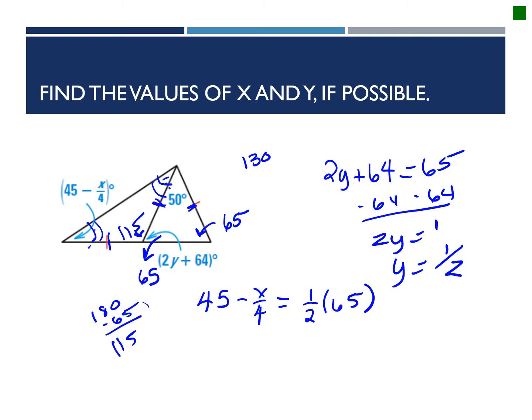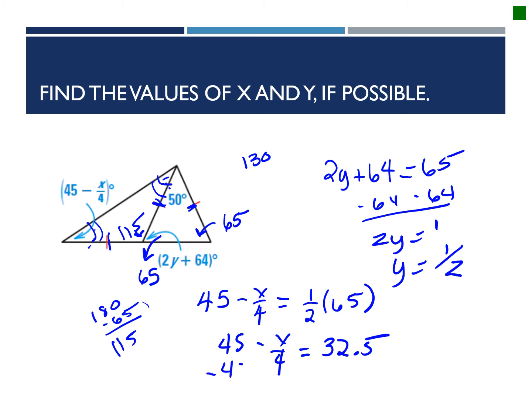So now if I go to solve this, half of 65 is 32.5. So I get 45 minus x over 4 equals 32.5.